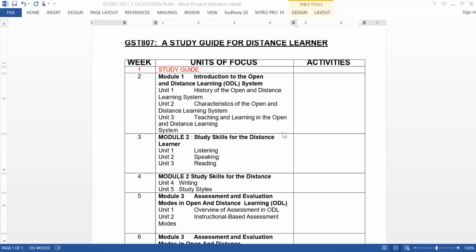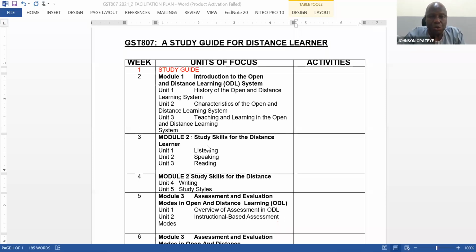Then number 2, I can pose question on any of these particular units for your discussion, and you will discuss among yourself. I will just be looking at you. That is facilitation. So facilitation is problem solving. It's not lecturing. I only want to solve your problem, this problem area of the unit. When you raise it, we are going to discuss it together in the class, and therefore, you'll be able to get the right thing.